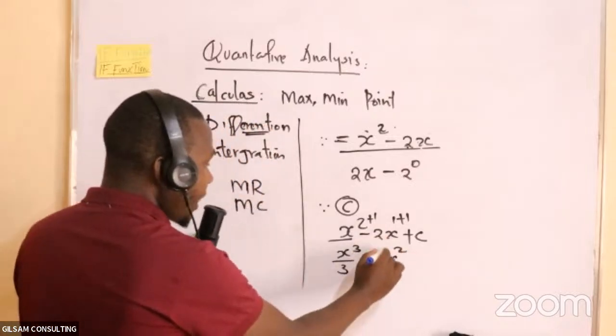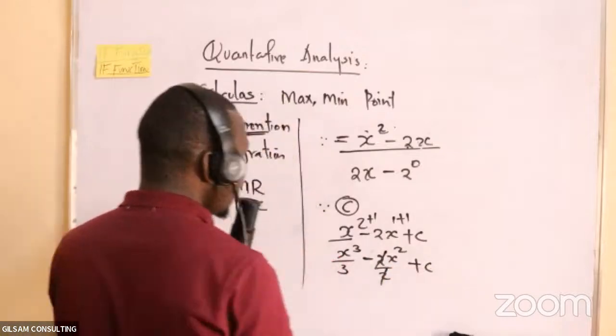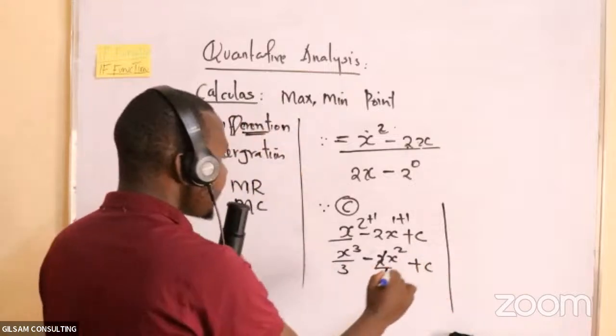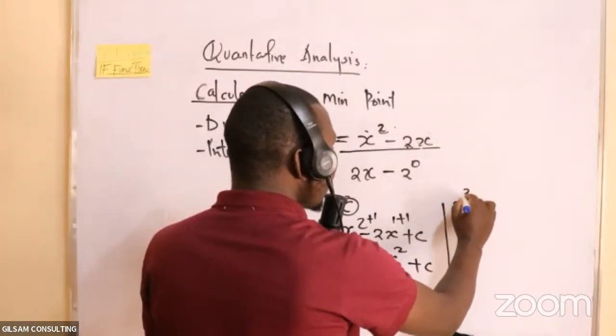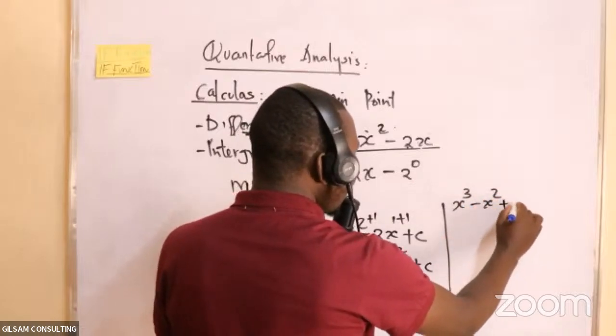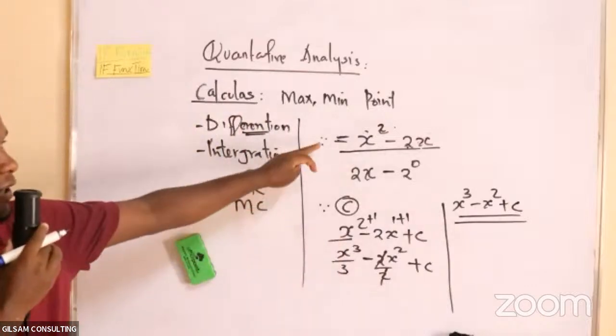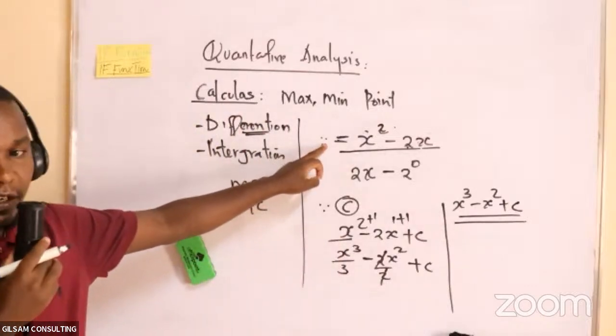So you cancel the common factor, plus c. At the end, we will have x cubed over 3 minus x squared plus c. That is the result if you are to integrate this function.